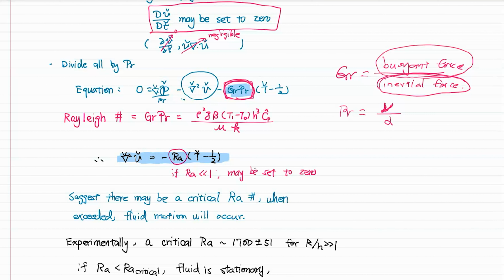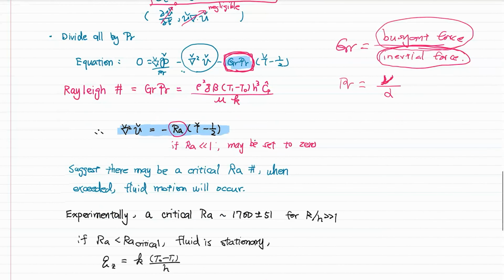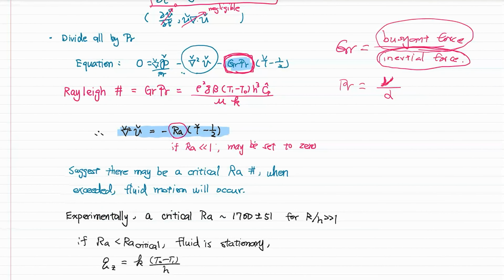But what if you have a very small Prandtl number? That means you have a very fast conducting fluid medium. Then the energy transport is so fast that you may not have a large enough temperature gradient to cause the density gradient needed for free convection. Okay, so that's the physical meaning behind the Rayleigh number.